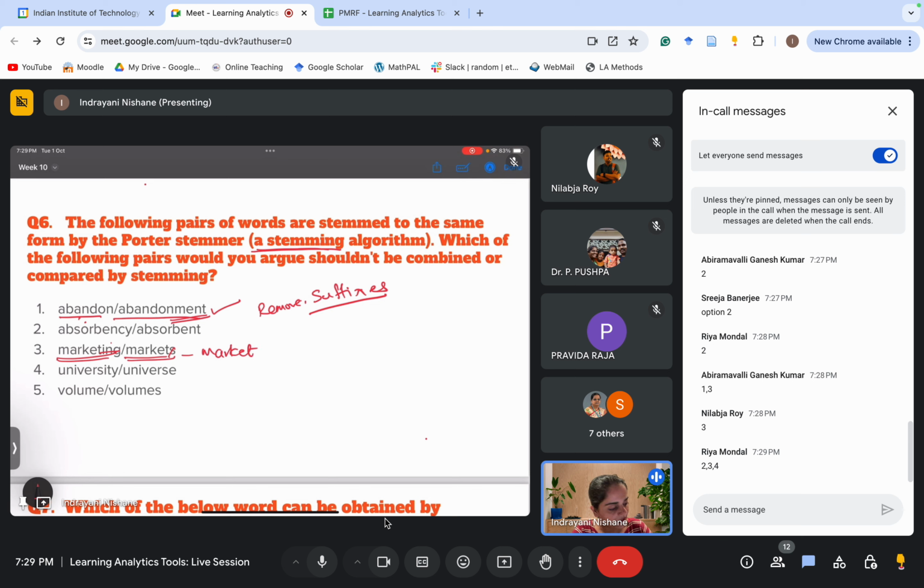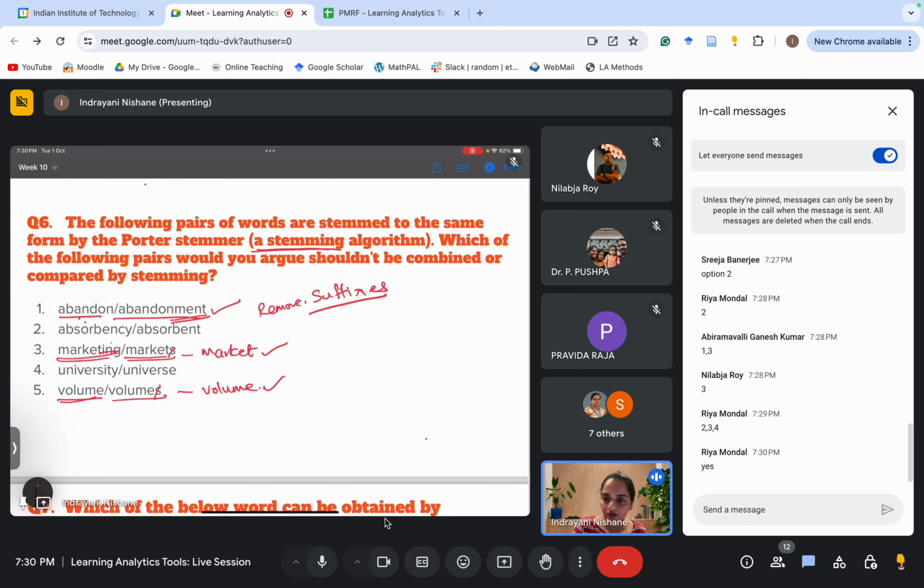So stemming is being performed here. Now volume and volumes. If we remove this s, this is volume. So the word from which it is stemmed is volume. Everybody agrees with me that for options 1, 3 and 5, stemming gives the same word.